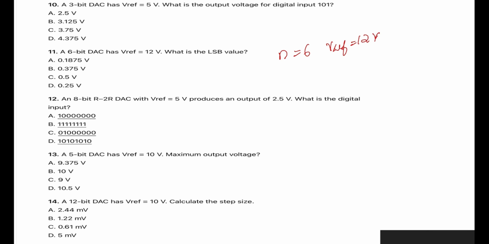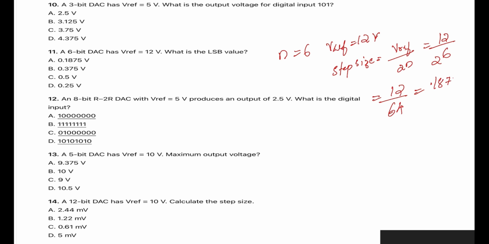The LSB value will be the same as the step size. So step size is equal to V reference divided by 2 raised to N, that is 12 volt divided by 2 raised to 6, which is 64, right? So 12 by 64 is equal to 0.1875 volt. So the answer is option A.